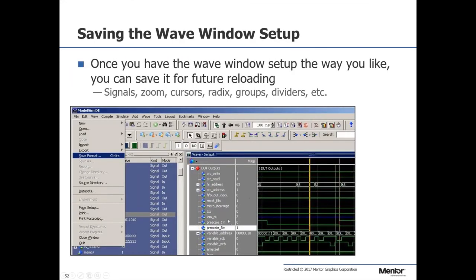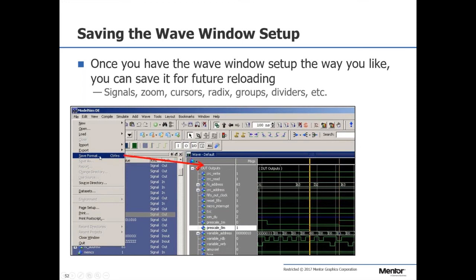So once I have gone through and added a whole bunch of signals and names and everything else to my wave window, let's say I've created some wave groups and some other stuff, I'm logging a certain set of signals, I've set up this wave window for a particular simulation, I always want to save that format.